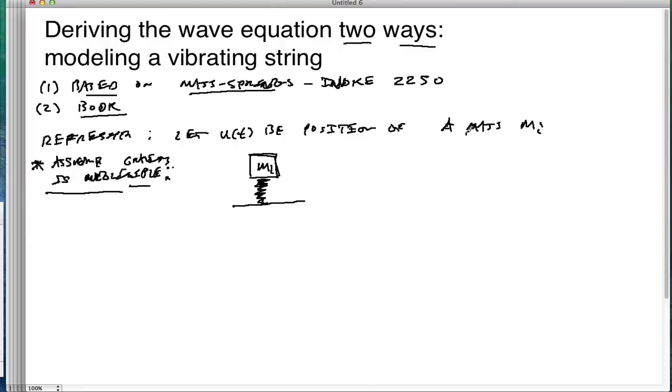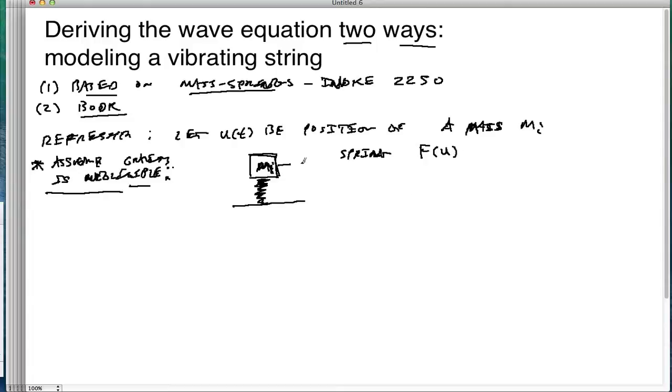We can always subtract off any effect of gravity, because at least as long as we're near Earth, gravity is always going to be a constant force down. So we can literally just ignore it. So the forces involved: we have a spring. The force of that spring, F, is going to be a function of the position.